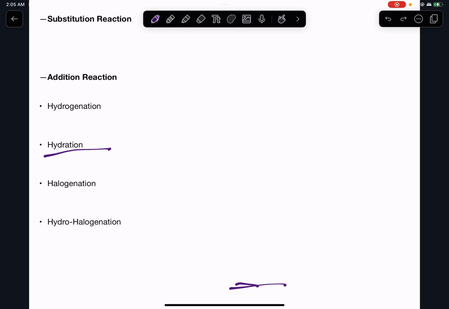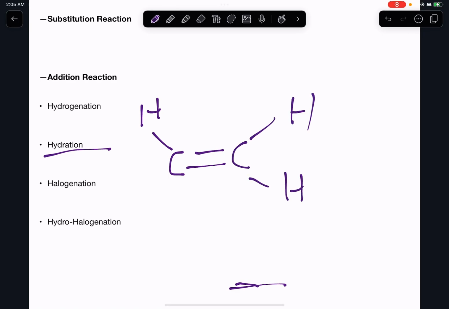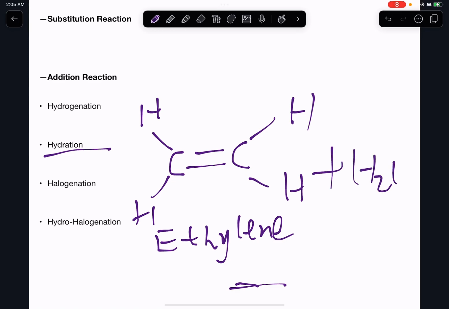Later, we'll have hydration. An example could be H bonded with C, double bond to C, ethylene with H2O, which is water.